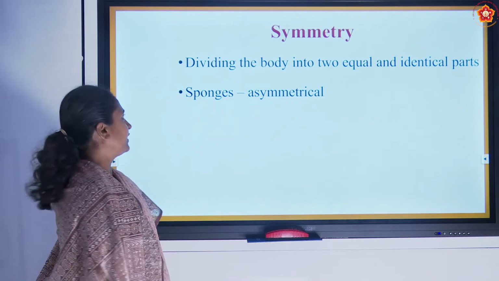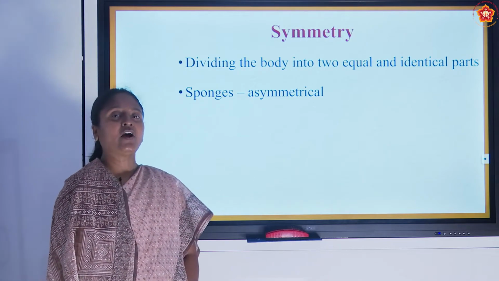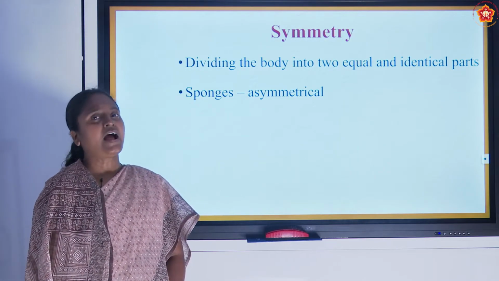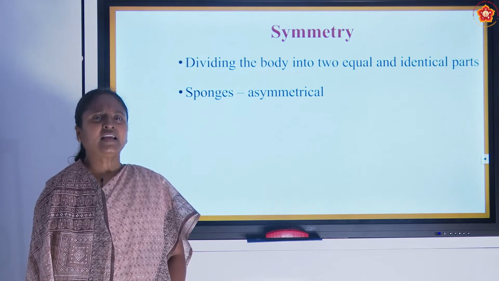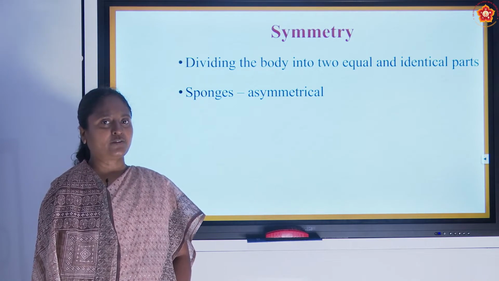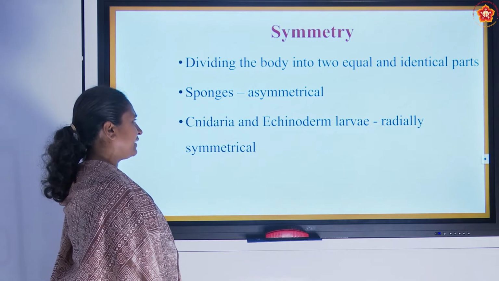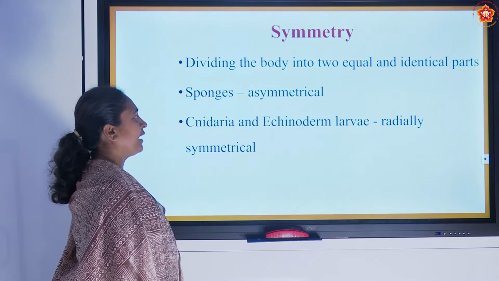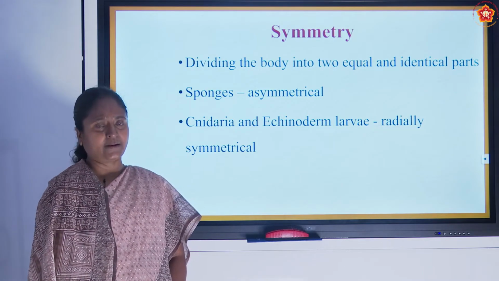Mostly it is external. In sponges, we cannot divide the organism into two equal halves at any plane, because they are irregular in shape. Hence these organisms are known as asymmetrical organisms. Then we have cnidaria, and up to echinodermata we can see radial symmetry.